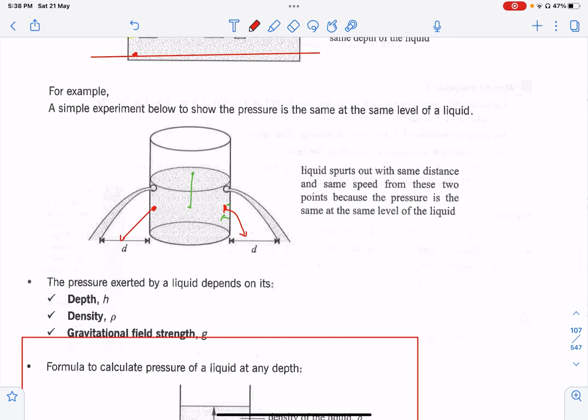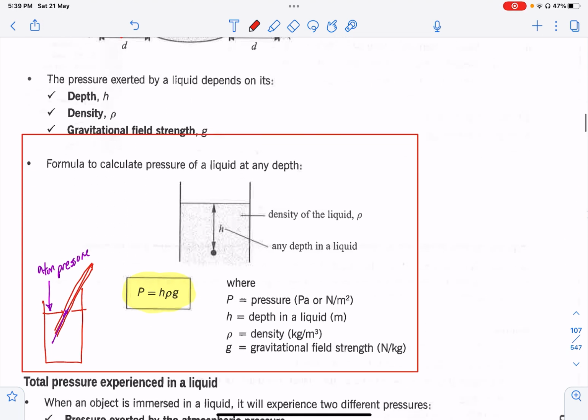We can see that the distance the water flows is consistent, and the lower the position, the distance will decrease as well. The liquid spreads out with the same distance and the same speed from these two points because the pressure is the same, as compared to the other one, which is smaller.